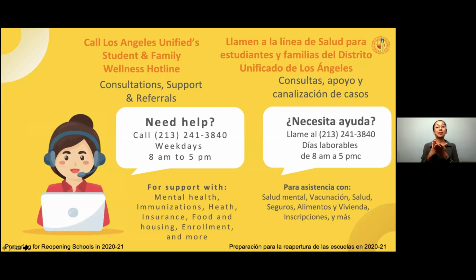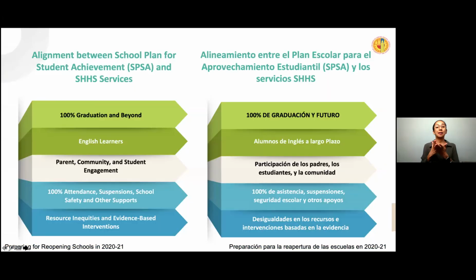We have nurses also online, and we have help with enrollment, housing, and a variety of services. That is staffed every day, and we're able to support teachers and school staff if they need any type of services. Next slide, please.